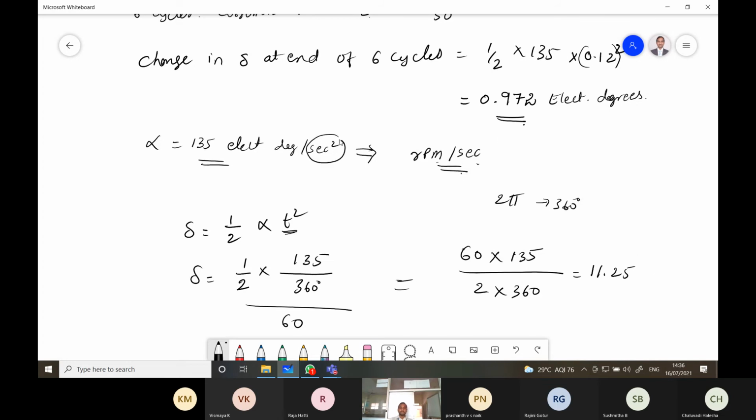The second square is neglected while converting. Therefore, 11.25 RPM per second.